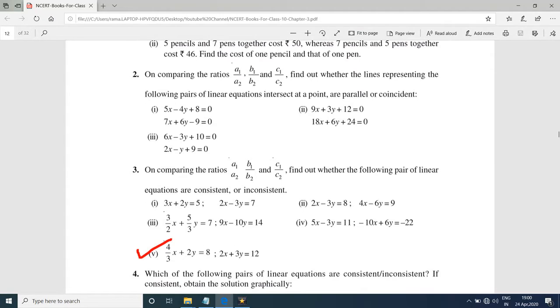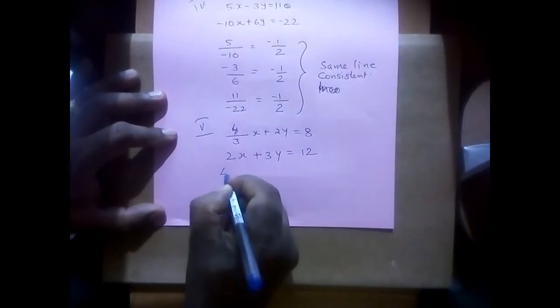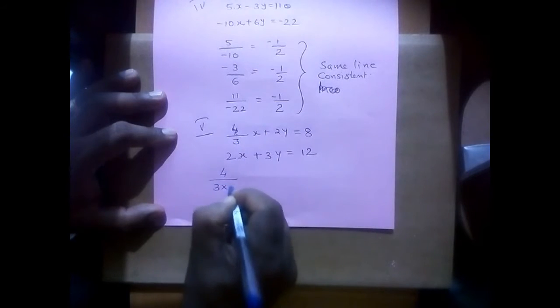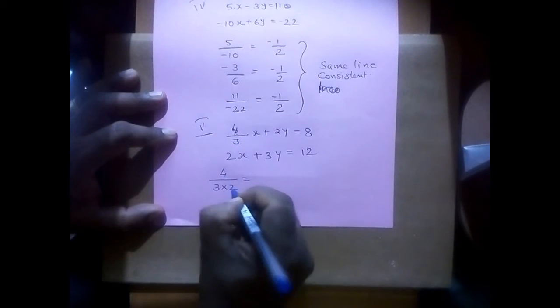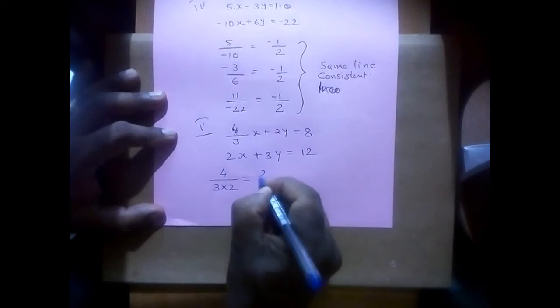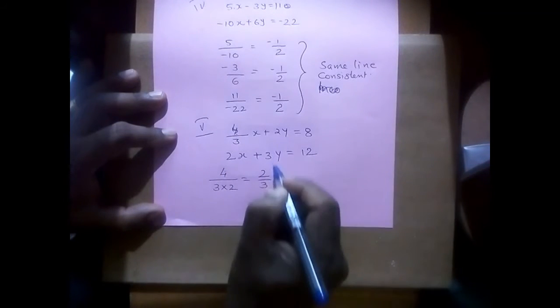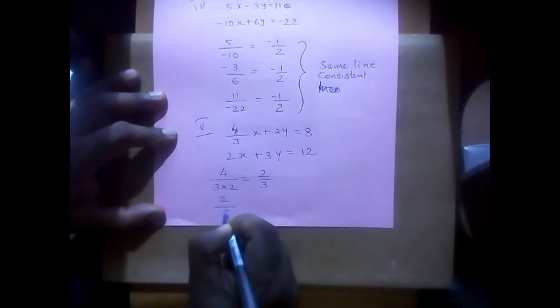Okay, now fifth question. 4 by 3x plus 2y equal to 8, 2x plus 3y equal to 12. A1 by A2 equal to 4 by 3 into 2, that is, 2 I am cutting here, so that I will get 2 by 3. And B1 by B2 is directly 2 by 3.